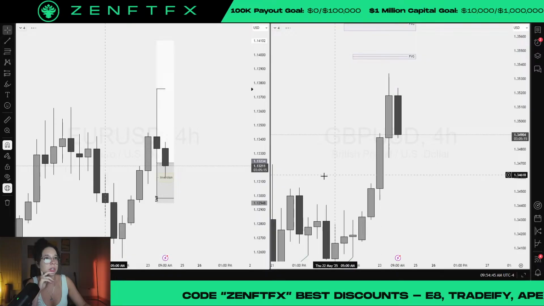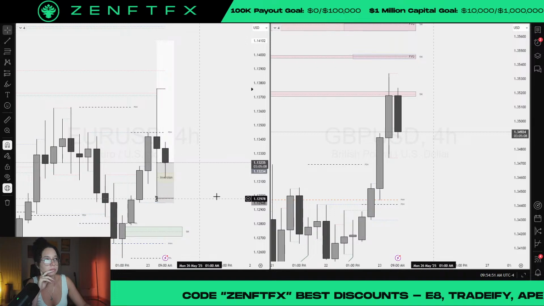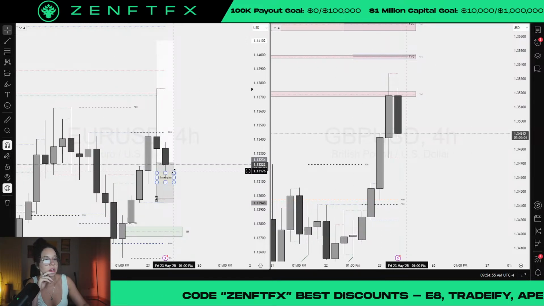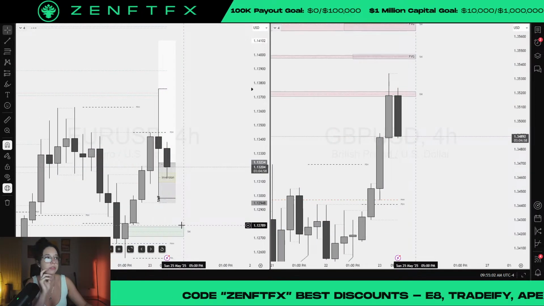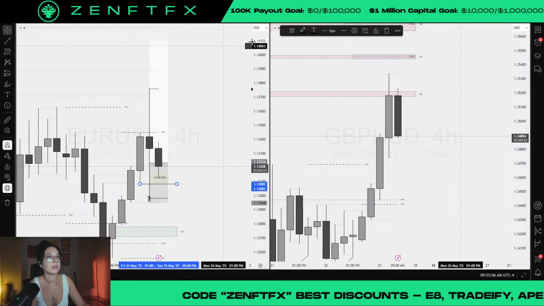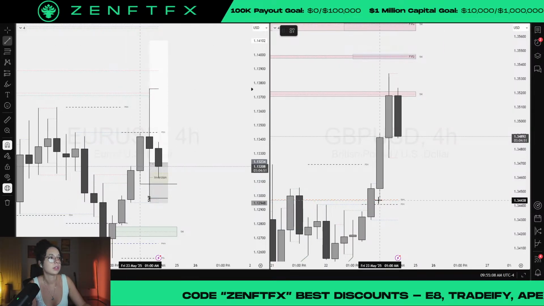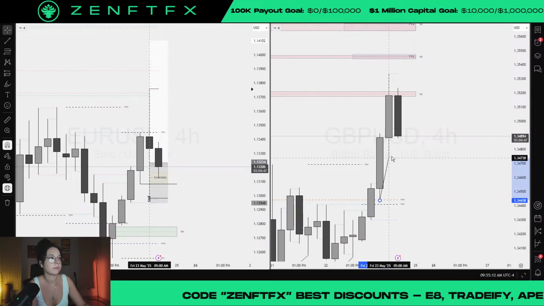Let me take a look at the 4 hour. I guess this is still the same trade idea I was looking at earlier, but I already got stopped out at break even. This 4 hour low getting taken out and failing too, but this is a really massive SMT level that we're looking at here.